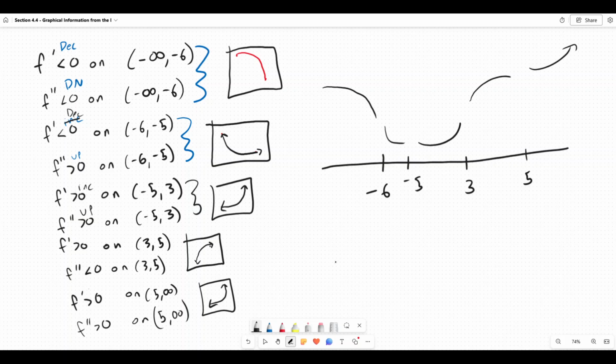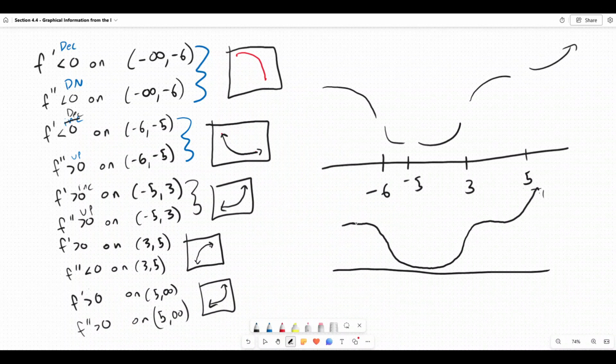So what's my rough sketch of what this function looks like? I'm assuming it's going to go down, come back up. And just like that, I have a fairly accurate sketch, just to smooth this one out a little bit, of the function.